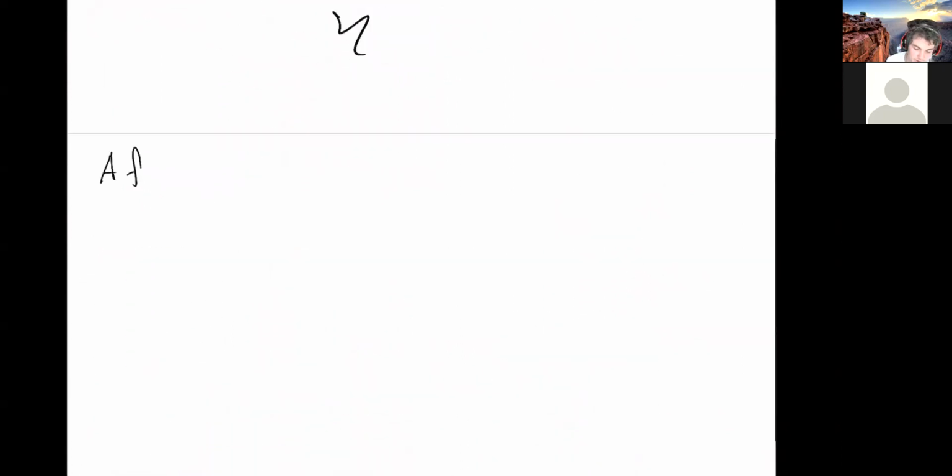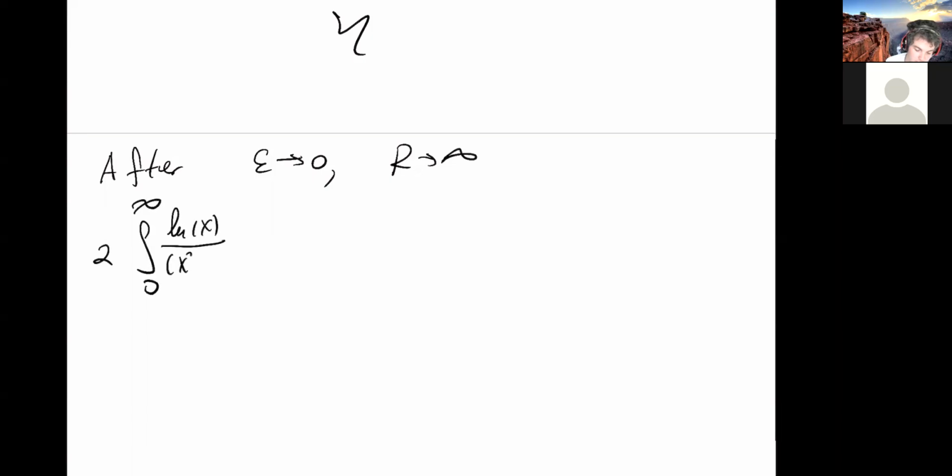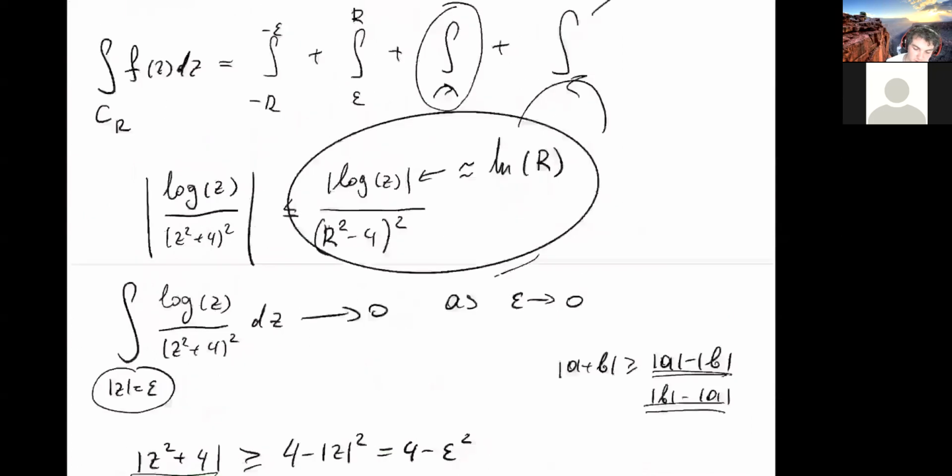So now after sending epsilon to 0 and r to infinity, our integrals over this curvy part of the contours will disappear, and we will have this. And this is equal to the residue.